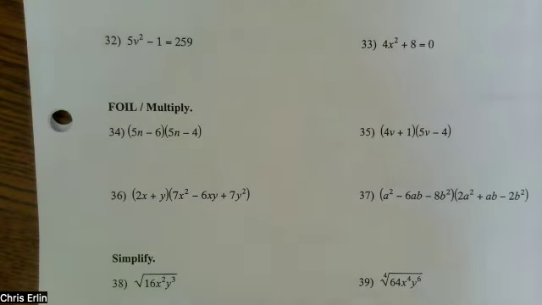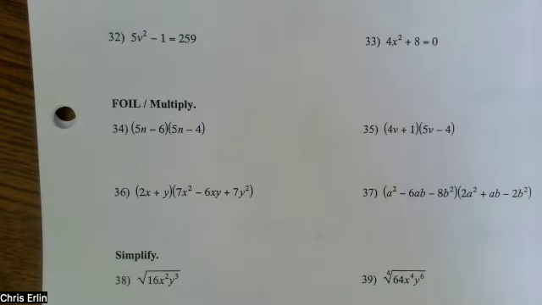What does FOIL mean? First, outer, inner, last. It's the distributive property, but it's when you use a polynomial, multiple terms, times another polynomial.